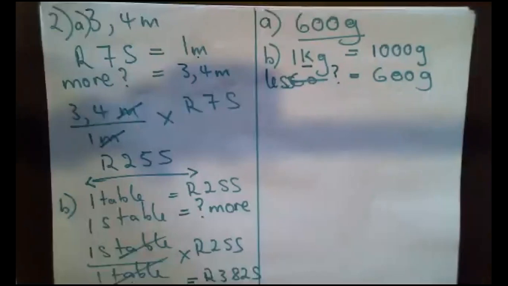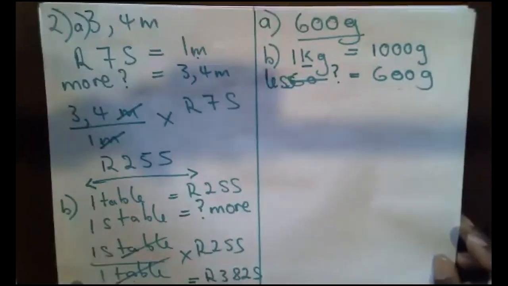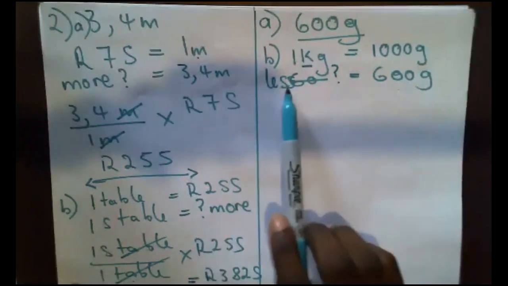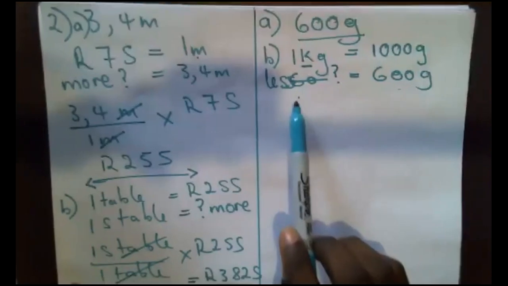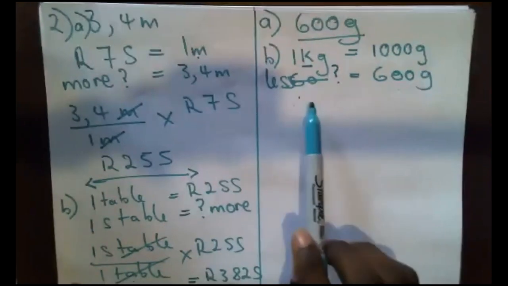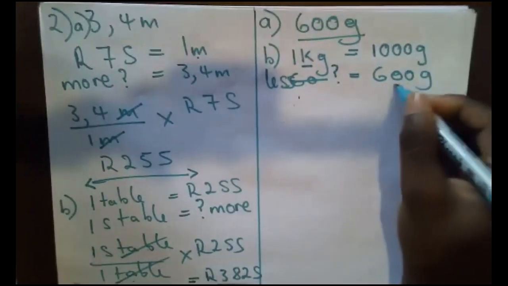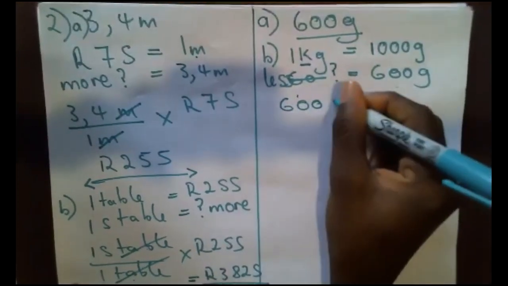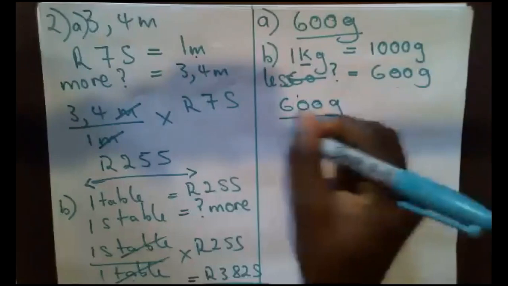It's different from what we have been doing, where it was giving us more. Here it is giving us less. So what does the rule say when you are given less? A smaller number over a bigger number.